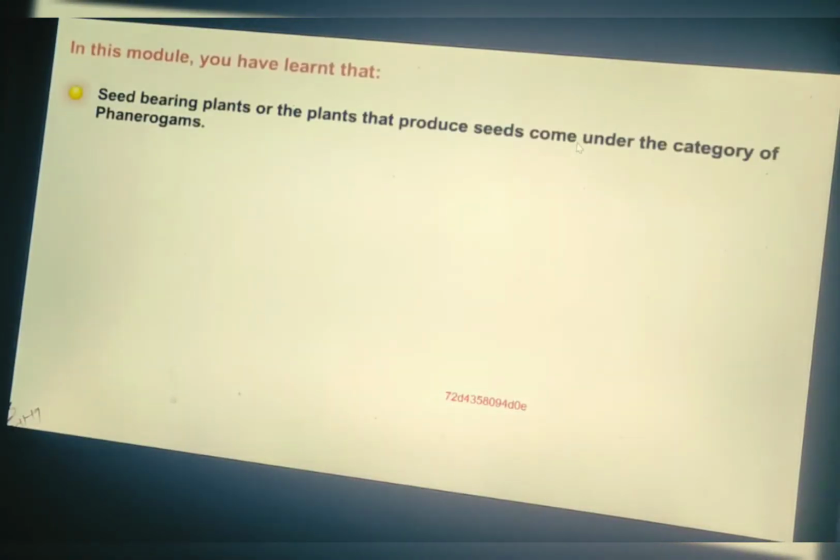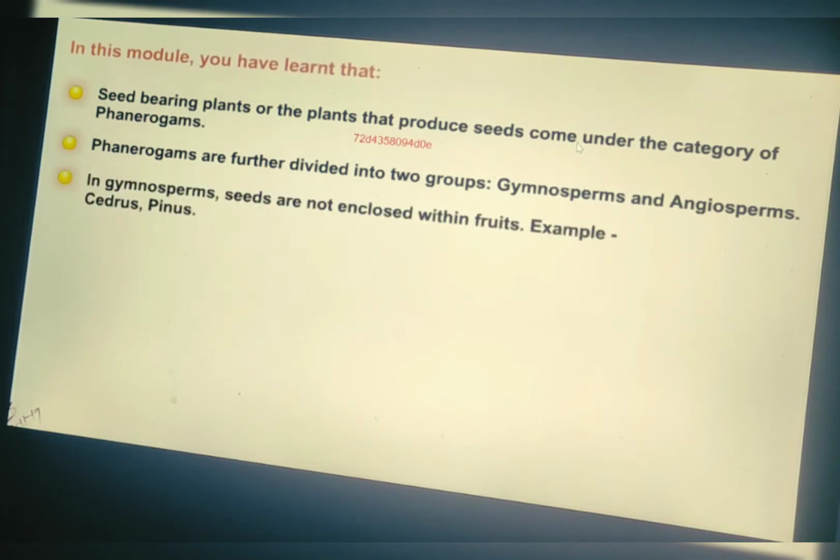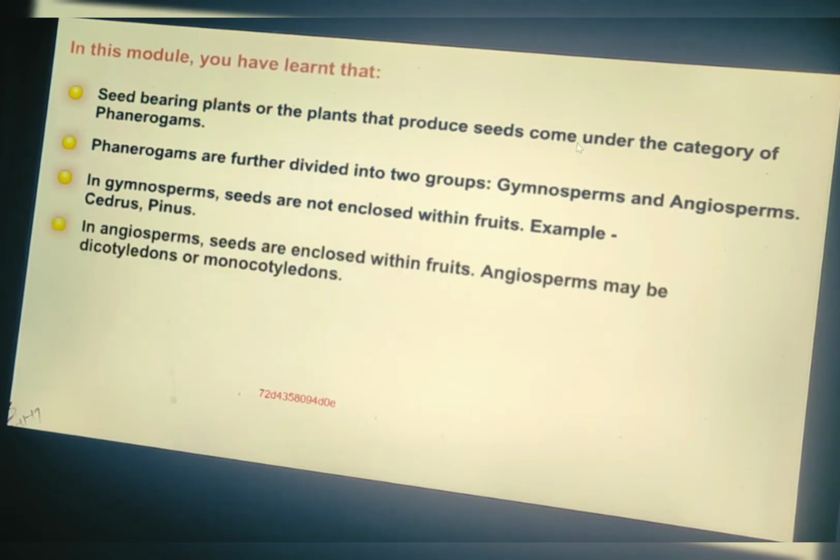In this module you have learned that seed-bearing plants, or plants that produce seeds, come under the category of phanerogams. Phanerogams are further divided into two groups, gymnosperms and angiosperms. In gymnosperms, seeds are not enclosed within fruits, for example cedrus and pinus.